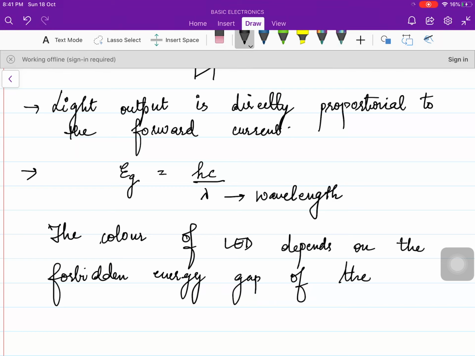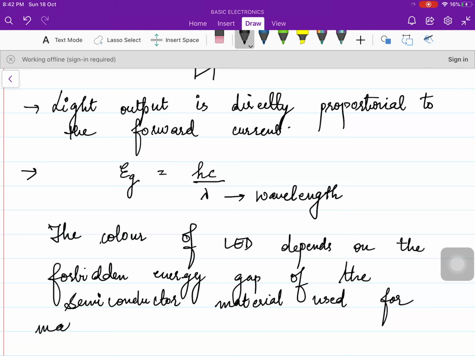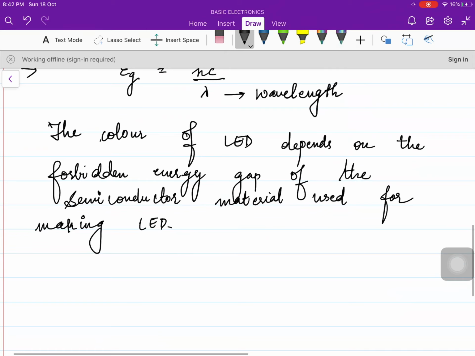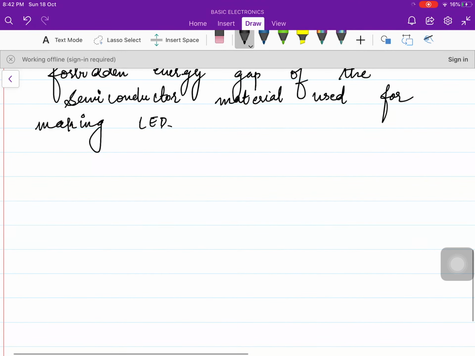So the color of the LED depends upon the forbidden energy gap of the semiconductor material used for making the LED. So this is how the color of the LEDs will vary.